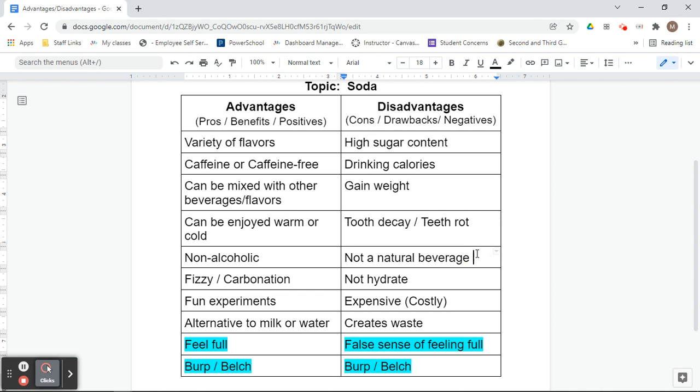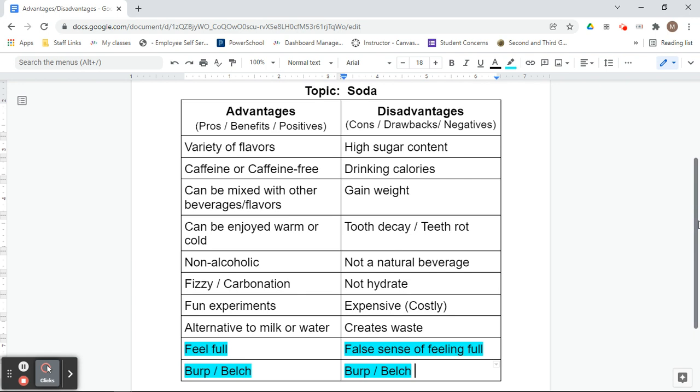It's not a natural beverage. It does not hydrate you. It's expensive or costly. It creates waste. You have a false sense of feeling full, and another drawback or negative is that it makes you burp and belch.